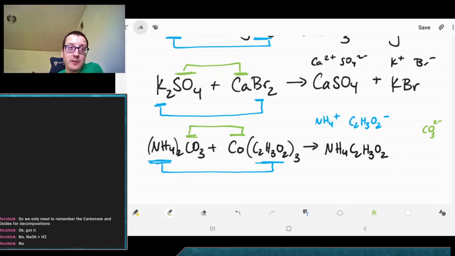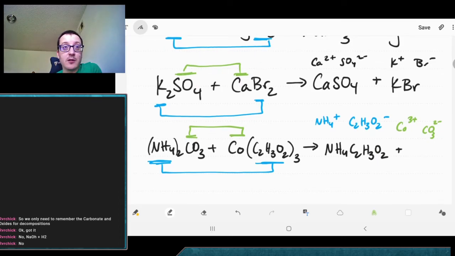If we have 3 of those, that means our cobalt is really cobalt 3 plus. So remember how to figure out the charge of a transition metal from a compound is you want to kind of reverse crisscross, or you can do the algebra stuff. So this cobalt is cobalt 3 plus, and that doesn't change over the reaction. We're going to see that the charge is still going to be the same. So it's cobalt 3 before, it's going to be cobalt 3 after.